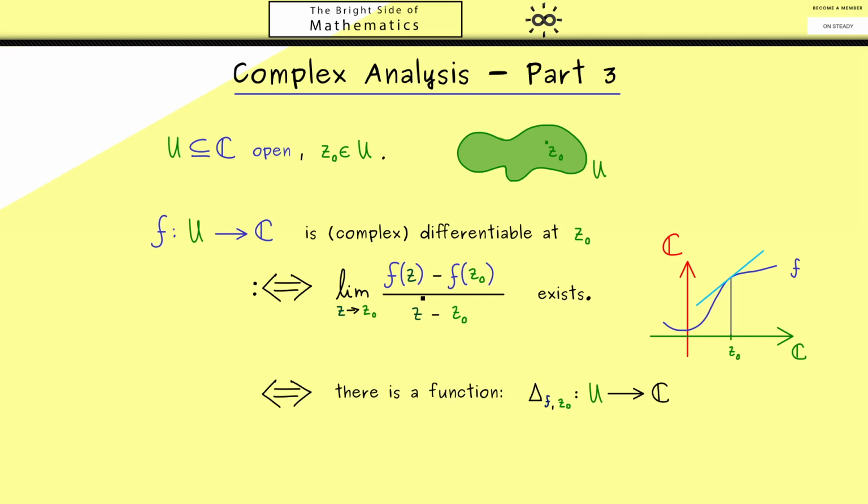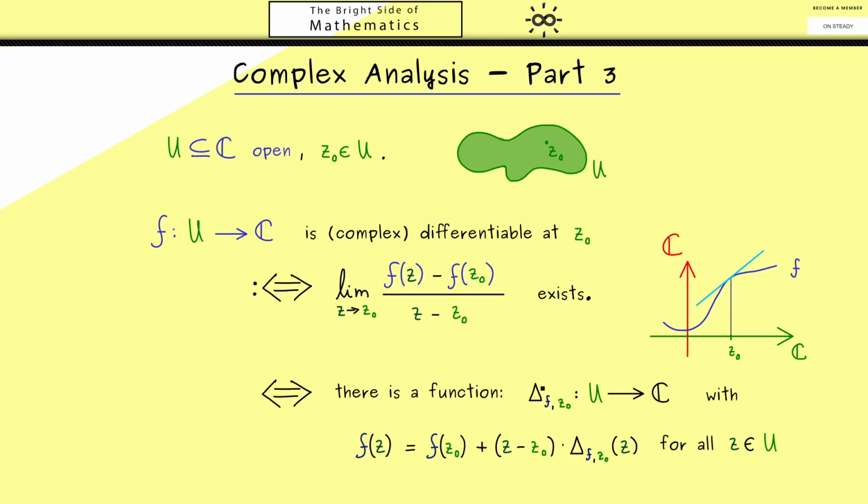Then you see, z could be any point from U, so we have a function from U to C. Okay, and now we can just reformulate this expression here and we get the property the function delta f,z0 should have. Namely, f of z can be written as the constant f of z0, so the value at the point z0, plus a linear term times the delta function.